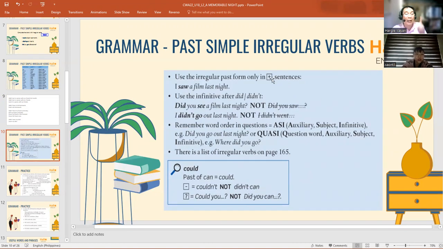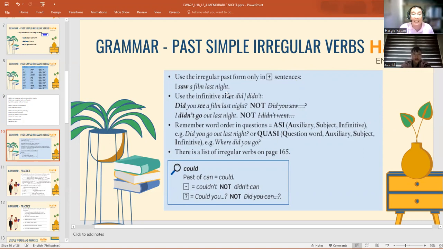Yes. So again, applying the rules, we just have to use the irregular past form only if we're talking about positive sentences. But use the infinitive after did and didn't.